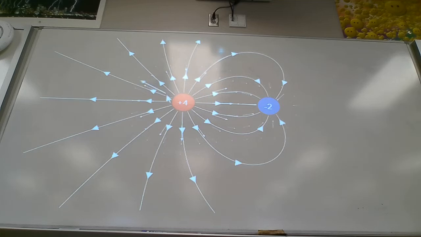This is the point that I was trying to make: at the different locations, see how the field is tangent to the electric field lines. Somewhere in the middle, this positive charge is creating a field going outward, so at this location where the heart was, it's going to the right. This negatively charged one is creating electric fields going inward.